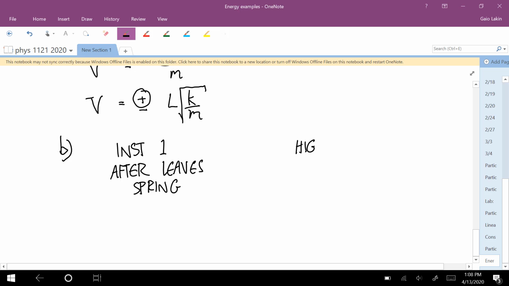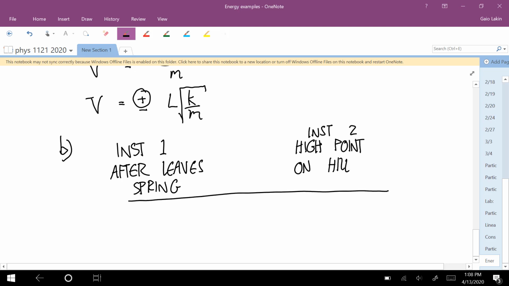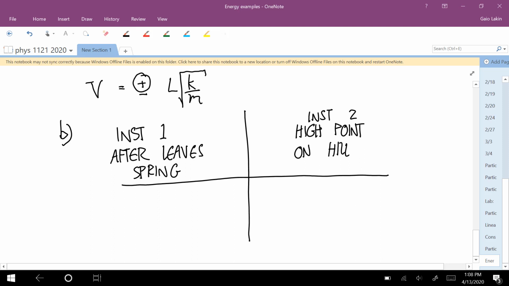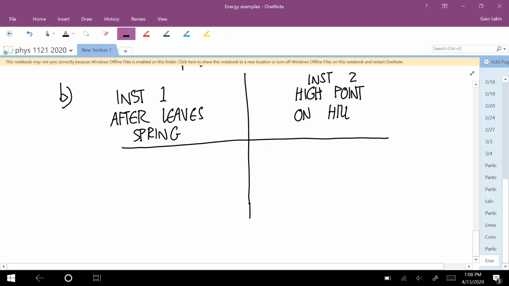And I'm going to use the high point on the hill as instant two. Because of this choice of instant one and instant two, the object isn't in contact with the spring either time, so we don't have to worry about the spring potential energy anymore.